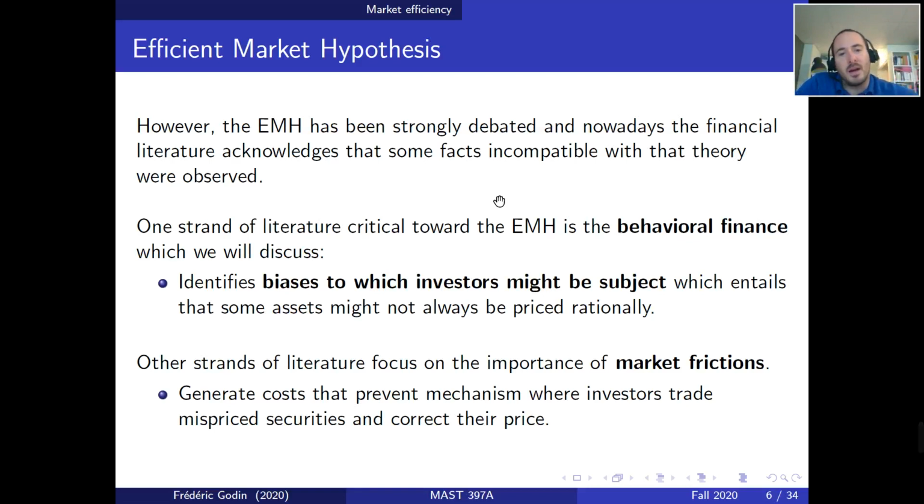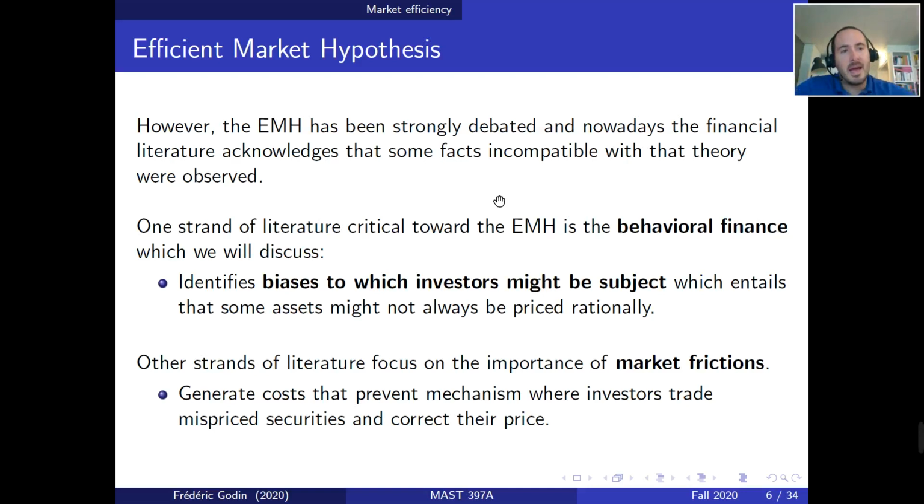One strand of literature that was very critical toward the efficient market hypothesis is called behavioral finance. Behavioral finance relies on psychology to identify biases to which investors can be susceptible.